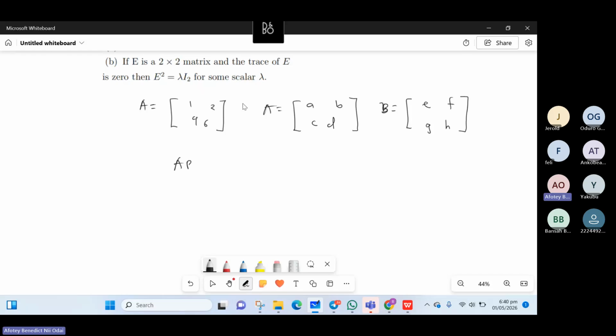So let's find it. AB is basically the product of the row and the column, right? So we get AE plus BG for the first entry. For the second one, we get AF plus BH.